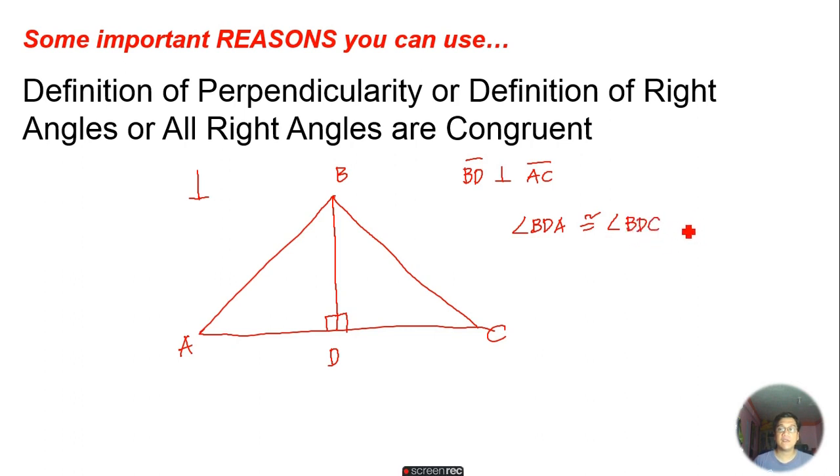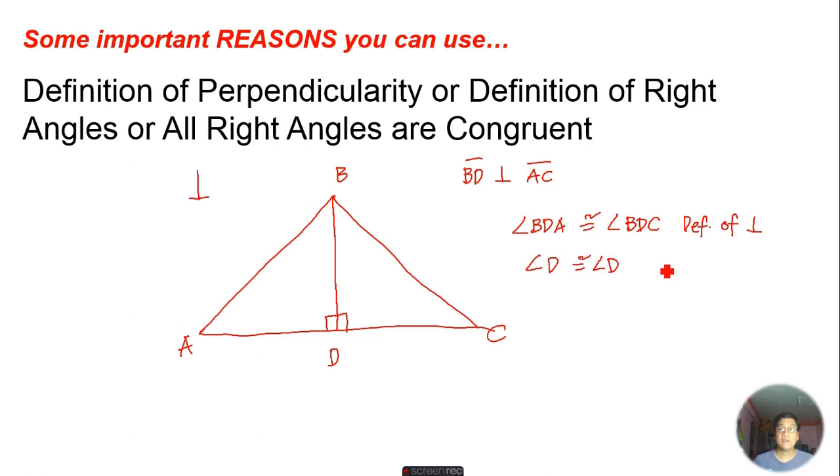What is the reason for that? Simply, you're going to say definition of perpendicularity. Or if you want one letter, that is okay too: angle D is congruent to angle D. What does it mean?